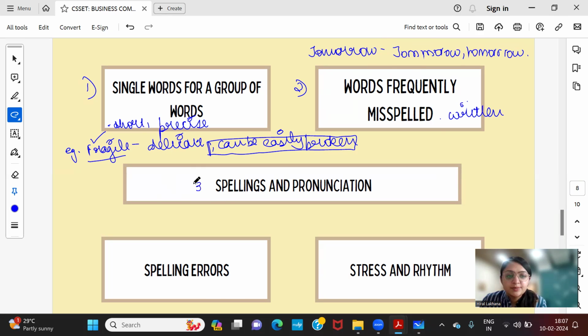Now, next up is spellings and pronunciation. In the English language, we use phonetics. Phonetics basically means the sound of that particular letter. However, even if the letters are the same, there might be a few instances wherein, in spite of the letters being exactly the same, the pronunciation becomes different. Say, for example, we have the spelling D-O-V-E.